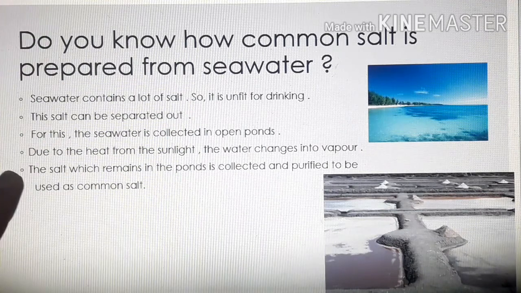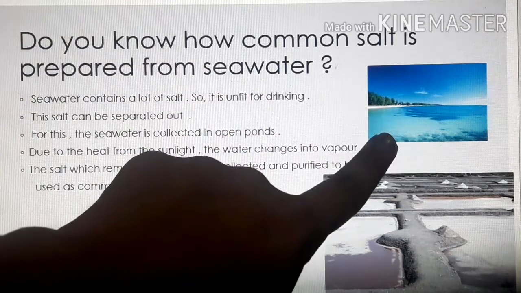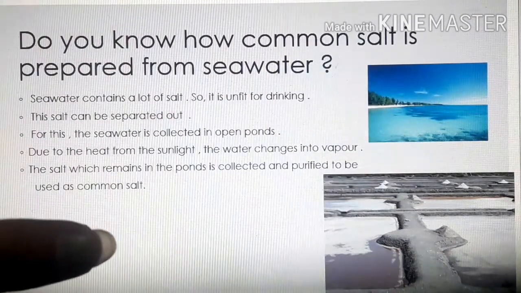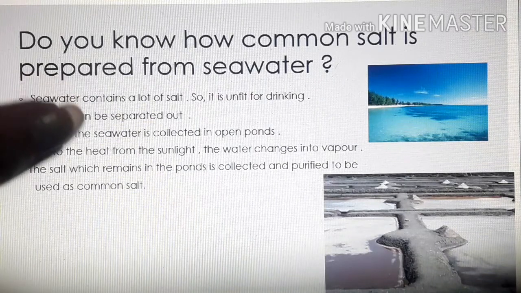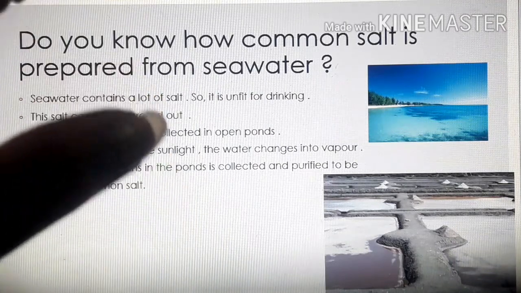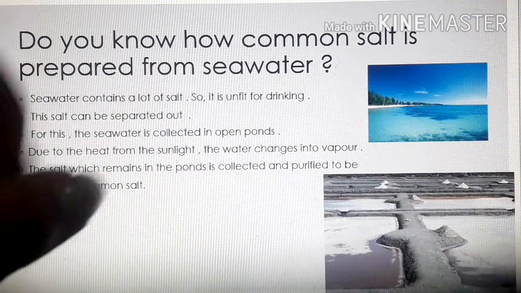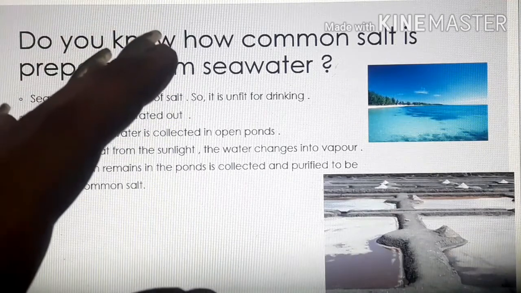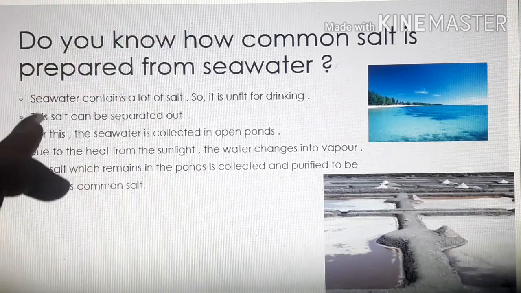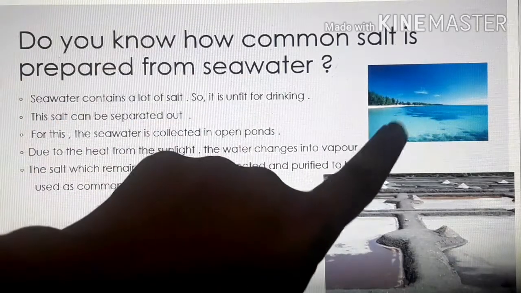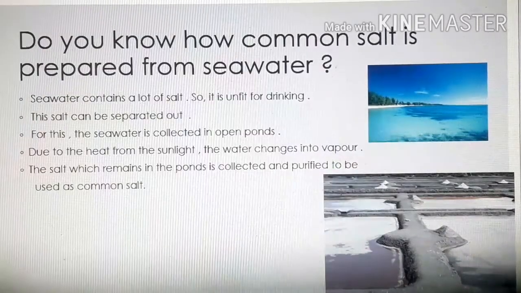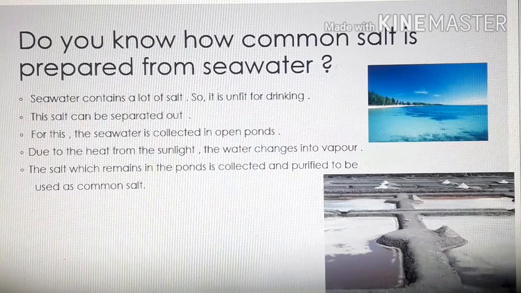Is it clear to you all, children, how common salt is prepared from sea water? I would like to explain again. Sea water contains a lot of salt and that is unfit for drinking. It is not fit for drinking, children; it is unhealthy. This salt can be separated out. How? You know the answer now, right?